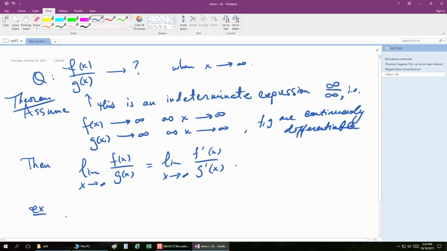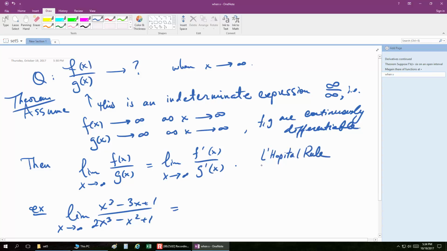Say I'm looking at the limit of x cubed minus 3x plus 1 over 2x cubed minus x squared plus 1. Since we have an indeterminate expression here, infinity over infinity, I'm allowed according to the theorem to differentiate, but not the fraction.